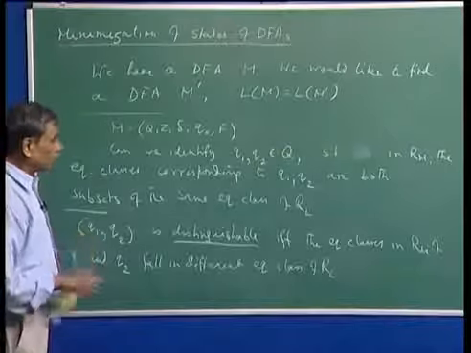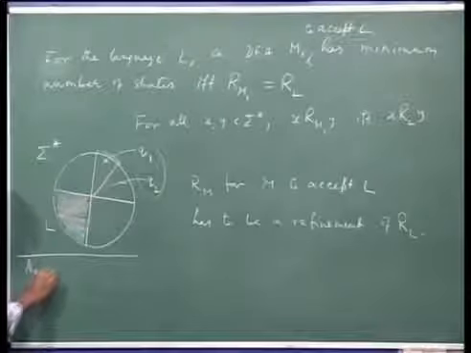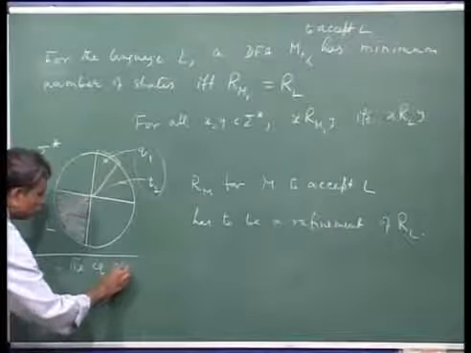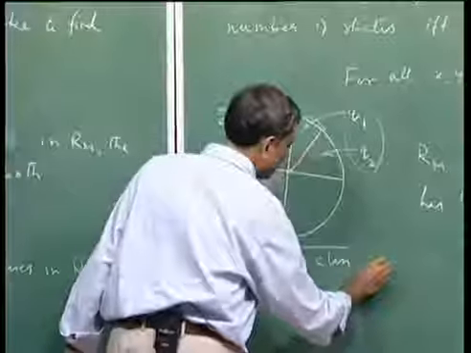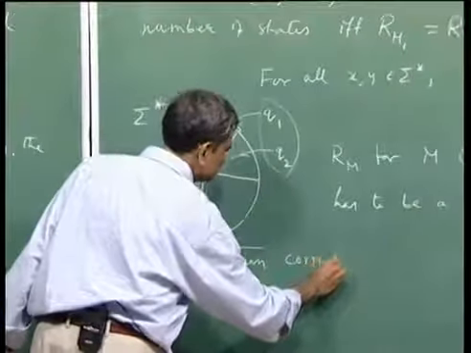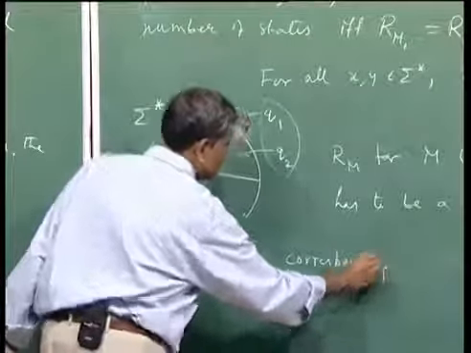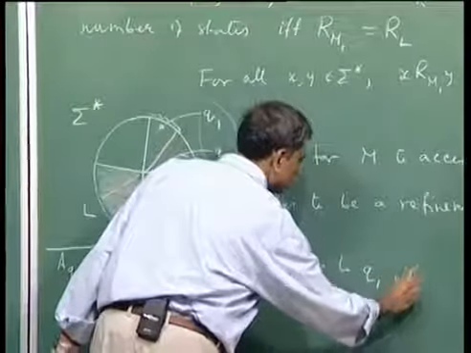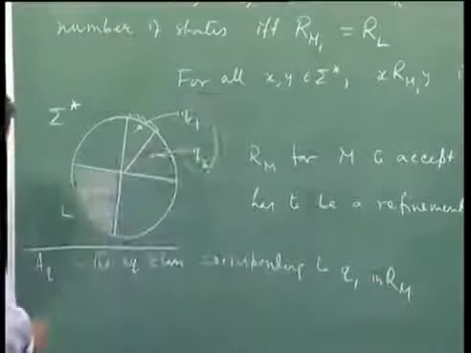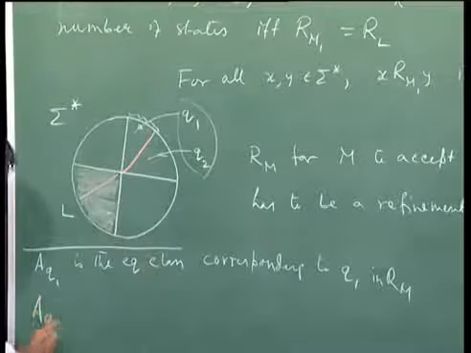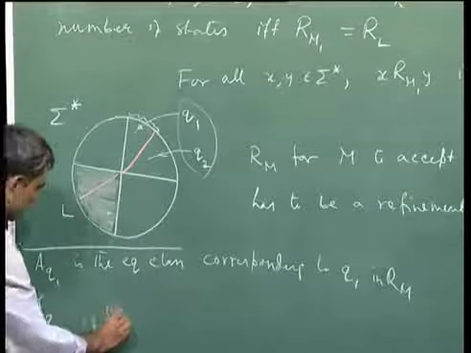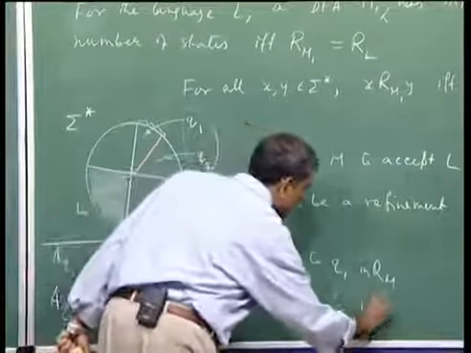Let us say AQ1 is the equivalence class corresponding to Q1 in Rm, and AQ2 is the equivalence class corresponding to Q2 in Rm.